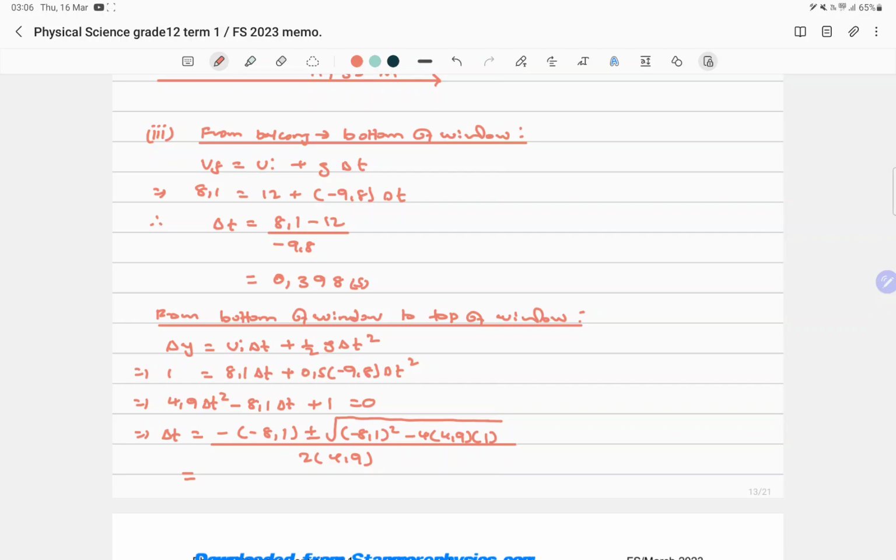I'm getting here a 1 comma 519 seconds, or delta t is equal to, now let's put the negative and see if it does the things that can be done.